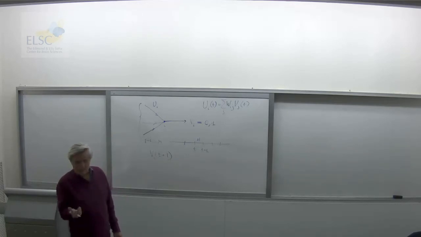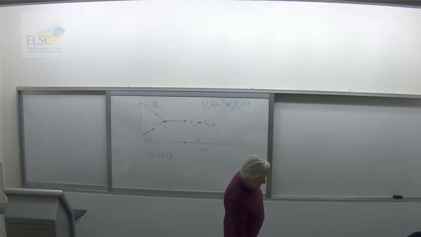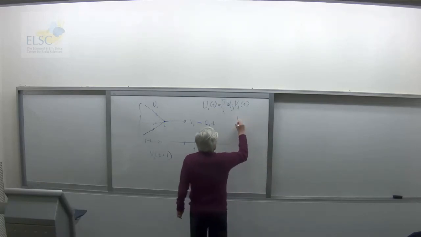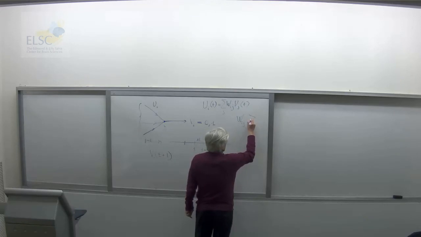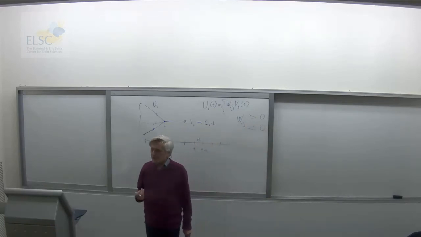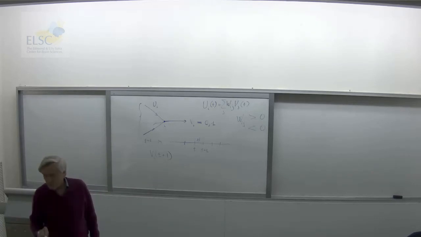And these parameters are what we shall refer to as the synaptic strengths, synaptic efficacies. These W_ij can be either positive or negative. In the first case, we say that that synaptic connection is excitatory. In the second case, we say that it is inhibitory.